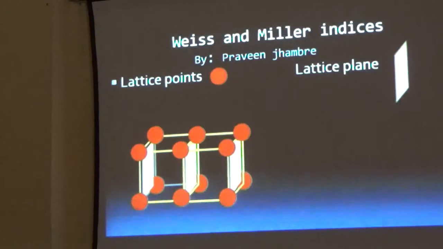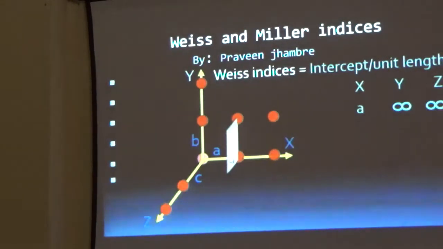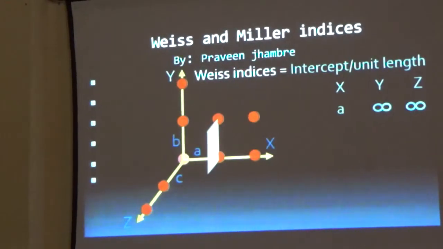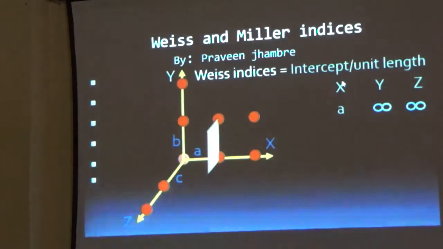This is another plane. So now these axes are generated. We have to note the location of this plane, and this plane has many atoms on it, and we want to know what the intercepts of this plane are on the x-axis, y-axis, and z-axis.